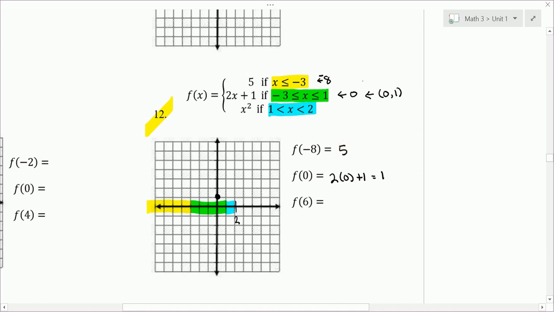So that goes with the point (negative 8, 5). That's a little off the chart, about right there. And then the last one, positive 6. Well, that's past 2 right here. And there's no graph there, so it does not exist.